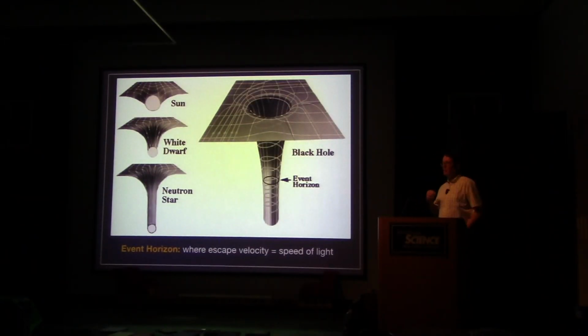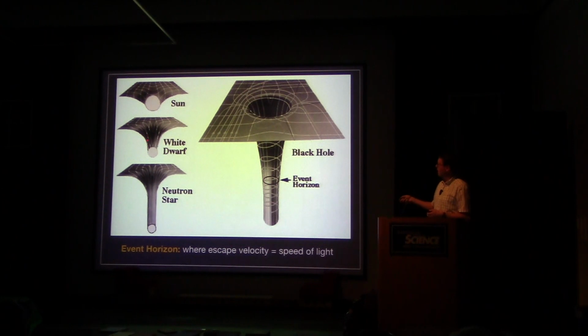So how do we picture a black hole in such an idea where we have curved space? Well, let's think about objects that are less extreme to start with. Let's think about the sun, right? It really is just making a little dent in space like a bowling ball on a trampoline. Okay, we can go to more extreme objects, like a white dwarf, an Earth-sized object that's of the order of the mass of the sun.